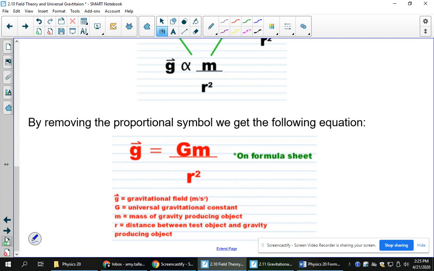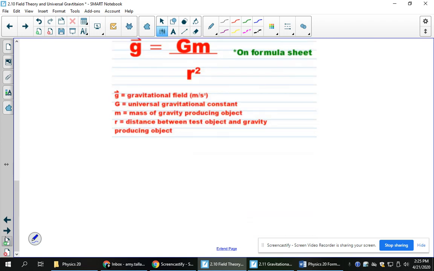So let's talk about what all of these parts mean. We've got little g, which before today would have been meters per second squared. But I'd like you to cross that off and do newtons per kilogram because it's gravitational field strength. Big G is the universal gravitational constant.